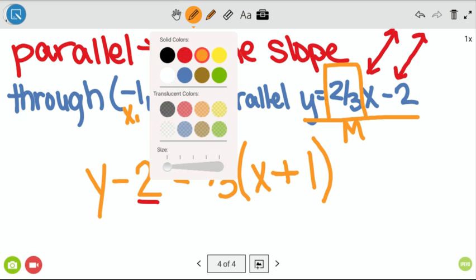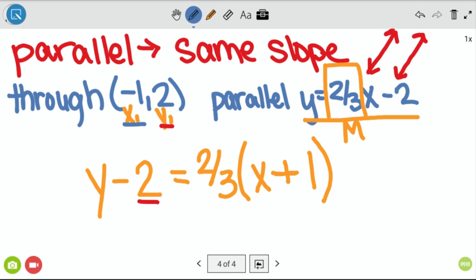And so then our -1 turns into a positive, because when you subtract a negative, it becomes a positive. This is your point slope form. Again, all of our answers today are going to be in point slope. So you will have parentheses for every answer. You're just plugging in and going.